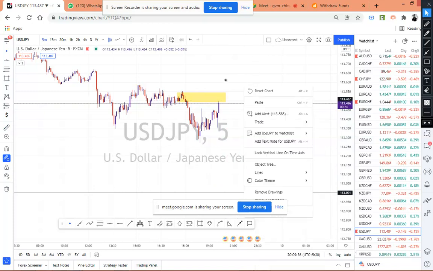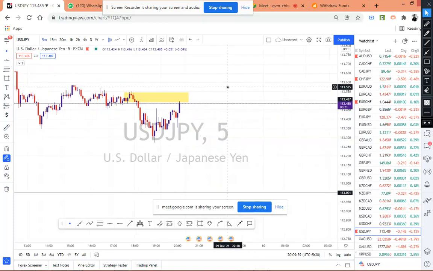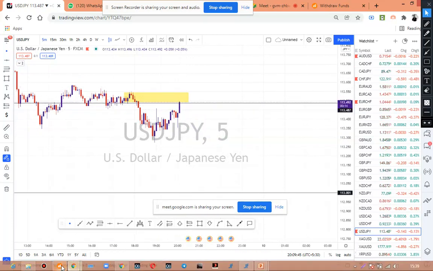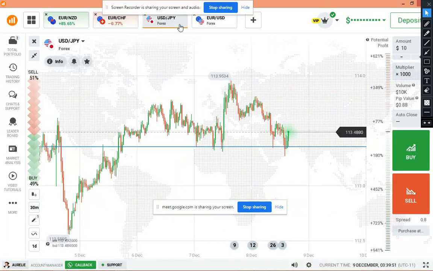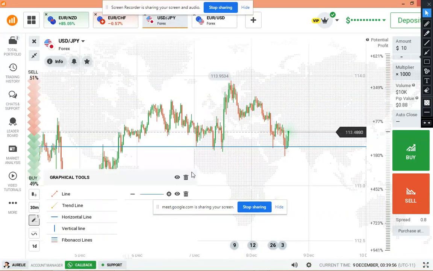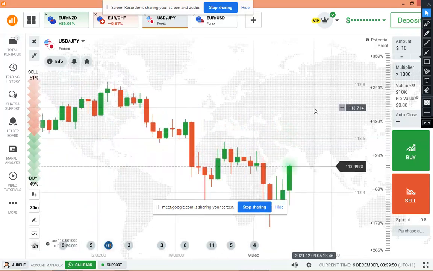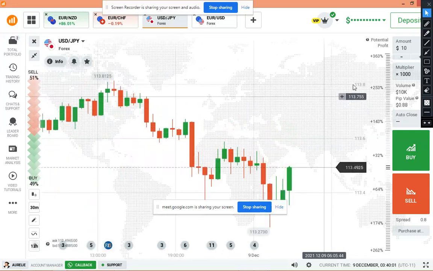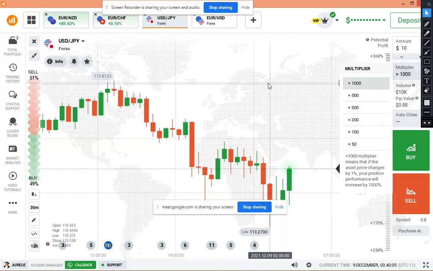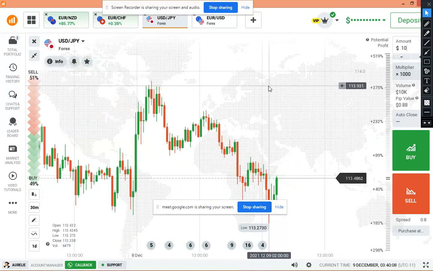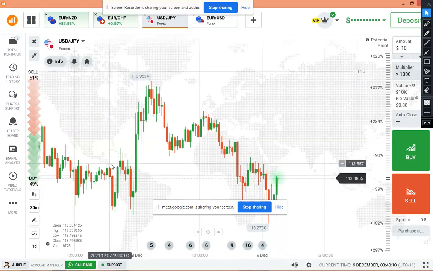So if I wait for confirmation on the 5 minute chart here, if there's any rejection, then I'll place my trade USD JPY. I'll place a sell trade here.